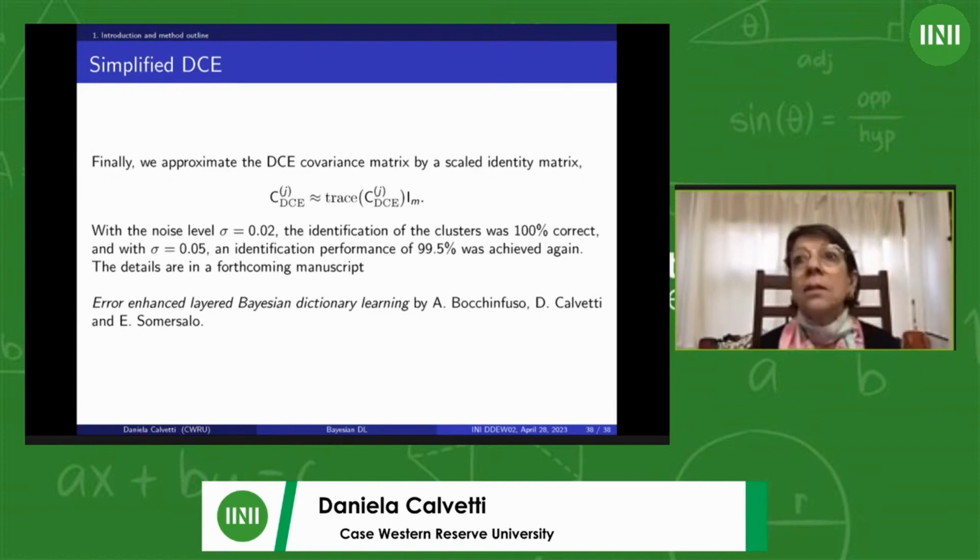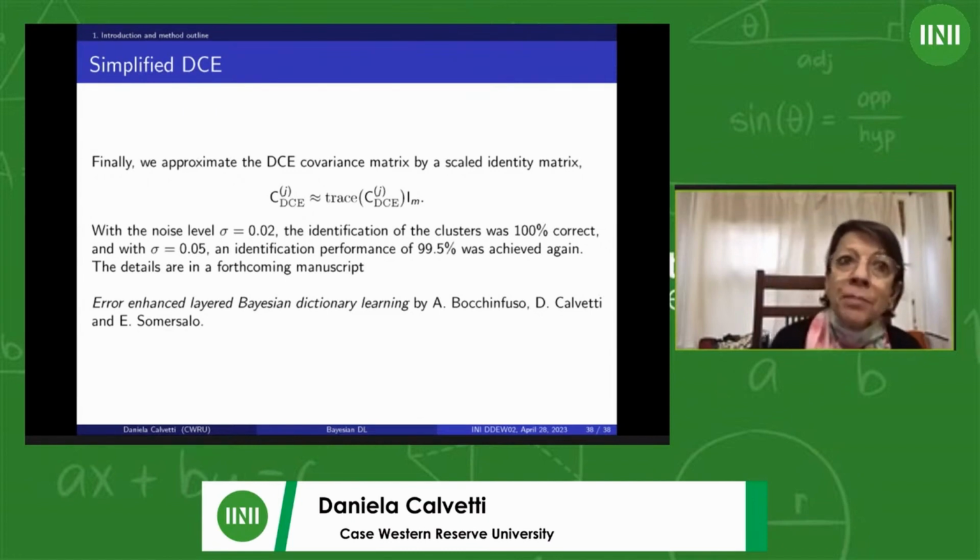to build sparsity promoting priors that conform to, let's say, partitioning of dictionaries, and also we can tune the sparsity to correspond to what we believe a priori.